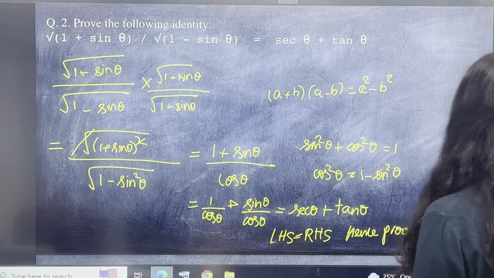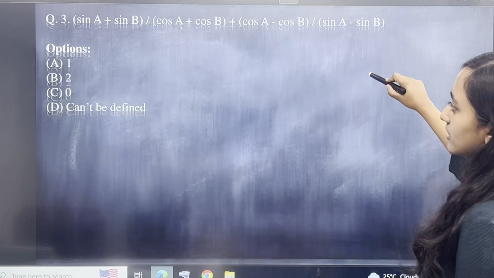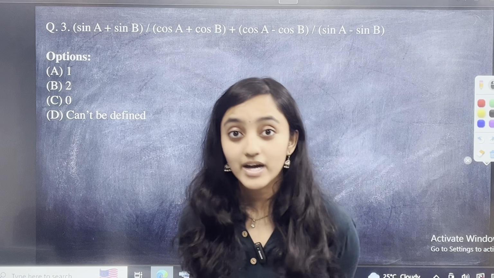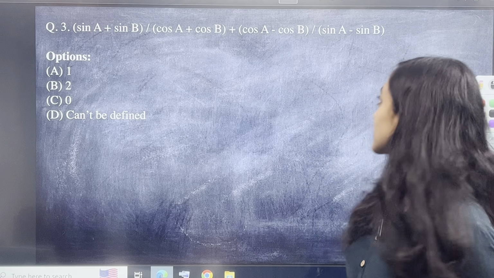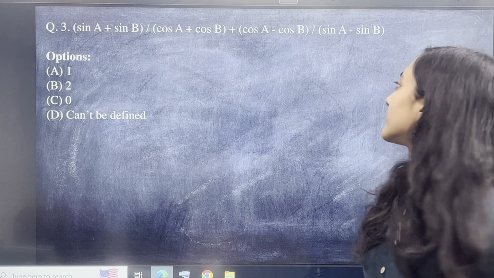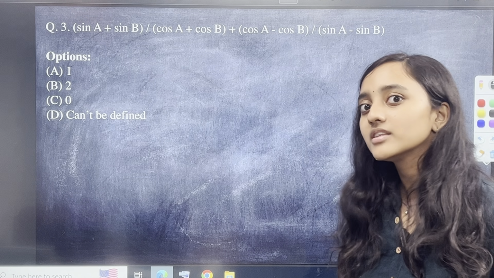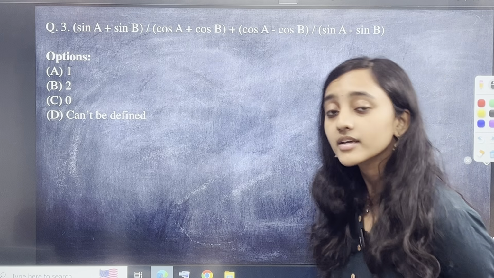Now we will go to the next question. Sin A plus sin B divided by cos A plus cos B, plus cos A minus cos B divided by sin A minus sin B. Are you feeling intimidated? Where did theta go, and there are two angles, A and B, how will it work?